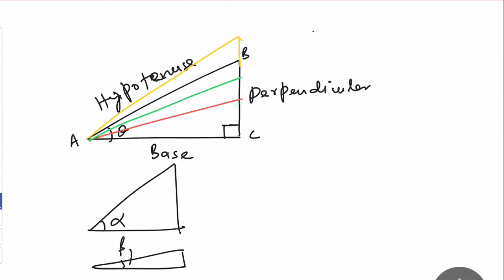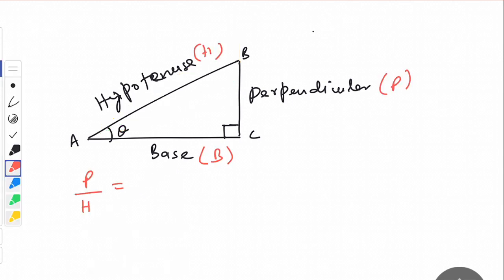Let's call the perpendicular P, the base B, and the hypotenuse H. So perpendicular upon hypotenuse is called sine of theta.